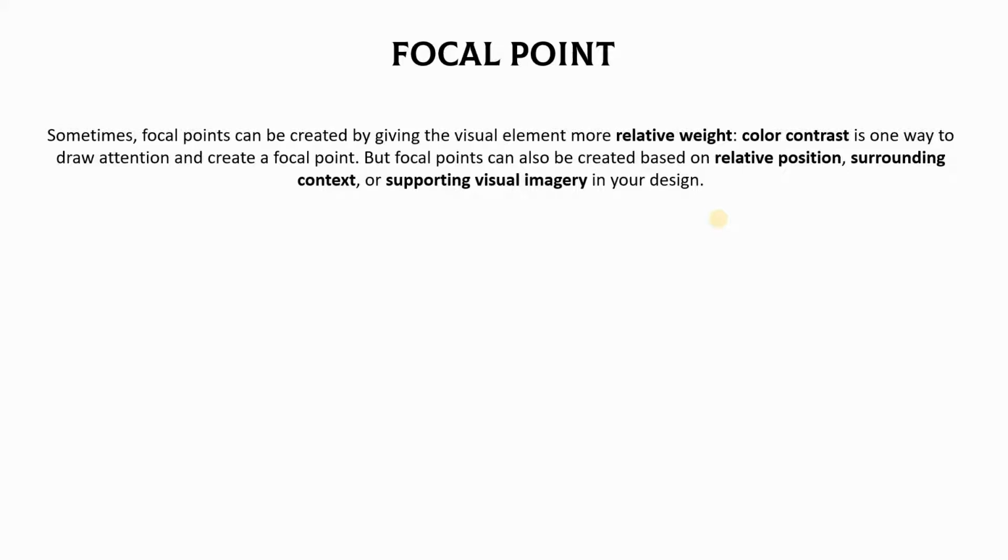When we say visual imagery, it means that say someone is standing and looking at a point, and at the point of intersection where they're looking, we can add a call to action, a button, or your website's name, or something very important that the design is being created for.